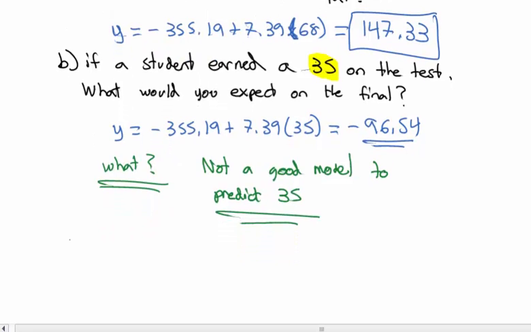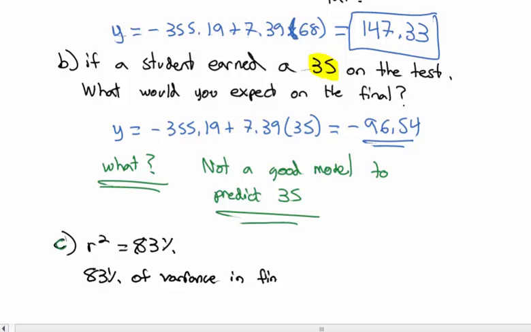One last thing I want to observe about this data: we aren't touching on it a lot in this course, but I think it's kind of interesting. After we removed the outlier, r squared was 83%. That means 83% of the variance in final score was due to the variance in third test score.